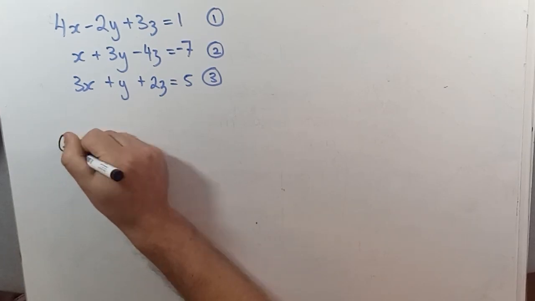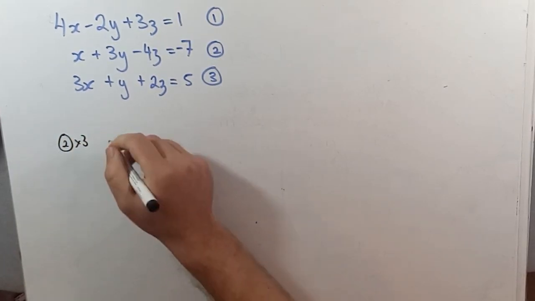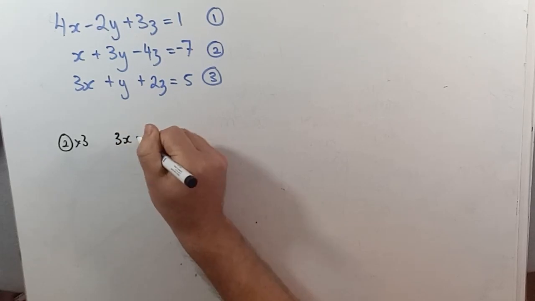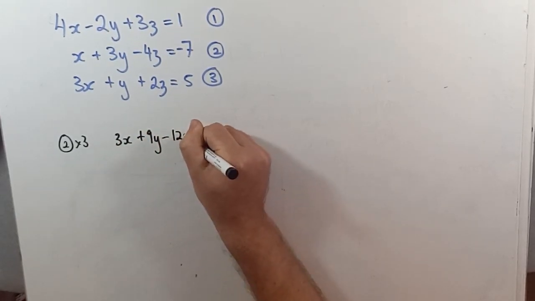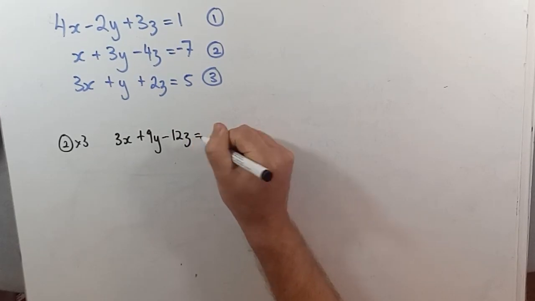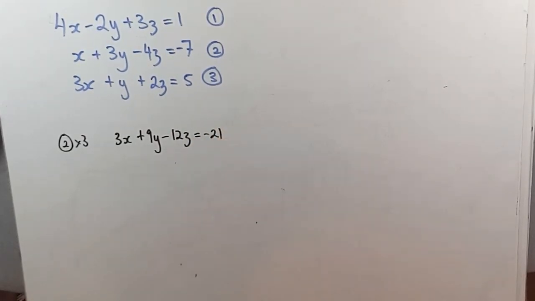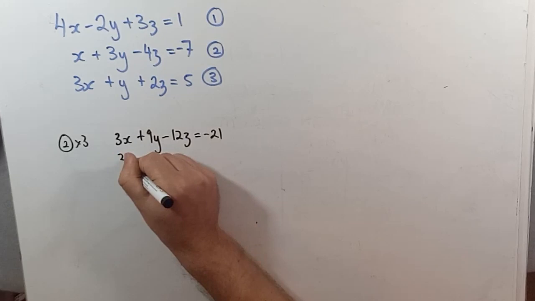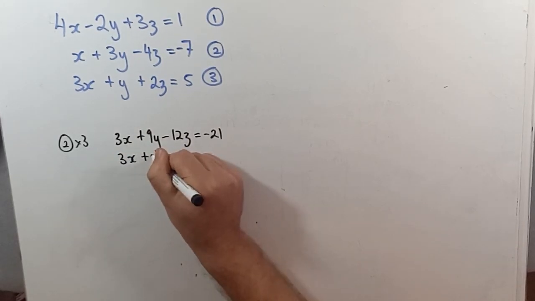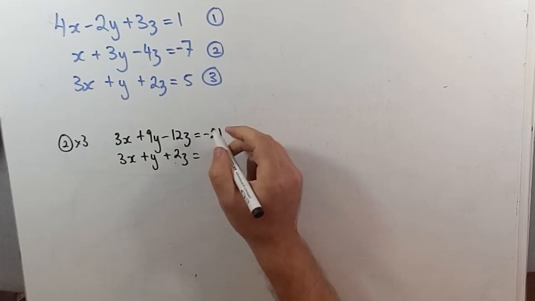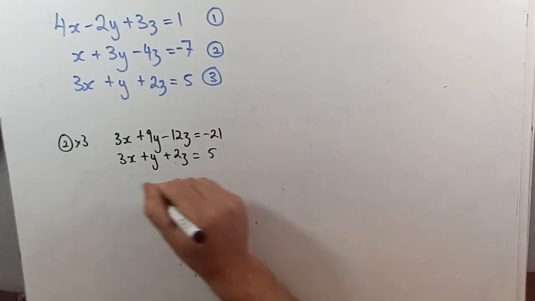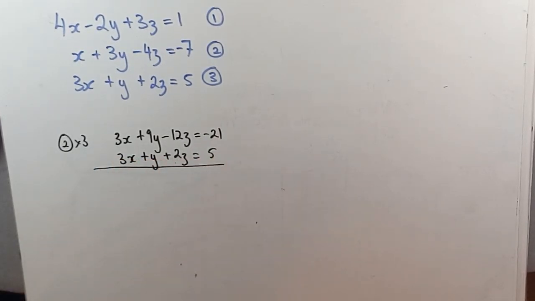So equation 2 times 3, that's going to be 3x plus 9y minus 12z equals negative 21, and then we've got equation 3 underneath. We're going to minus them away from each other.